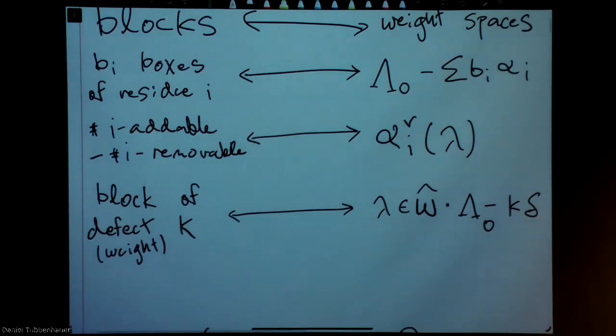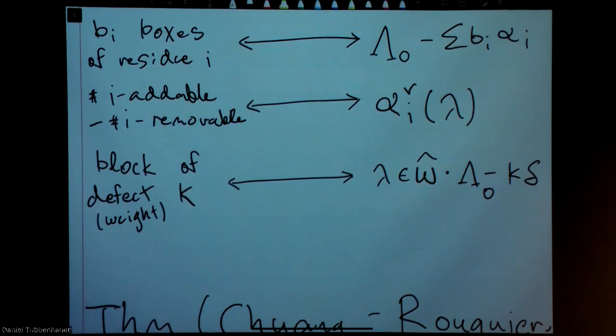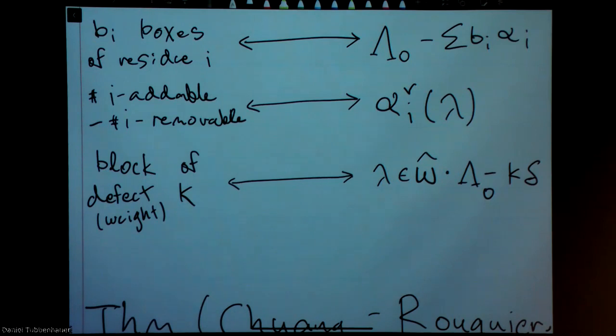The way this correspondence works is you index simple representations by p-regular partitions, and for the corresponding weight you subtract the simple roots of SL_p hat, alpha_i, once for every box of residue i in the partition.